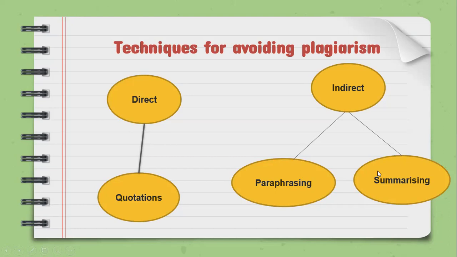You can't do that now, because of Turnitin, which I showed earlier. You have to read all the papers thoroughly, then summarize in your own words what the authors identified, what problem they identified, and what techniques they used to resolve it. So one technique is summarizing, and the second indirect technique is paraphrasing.